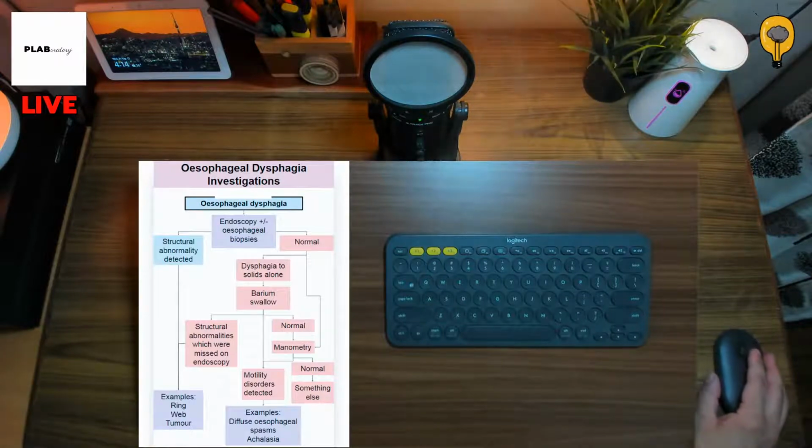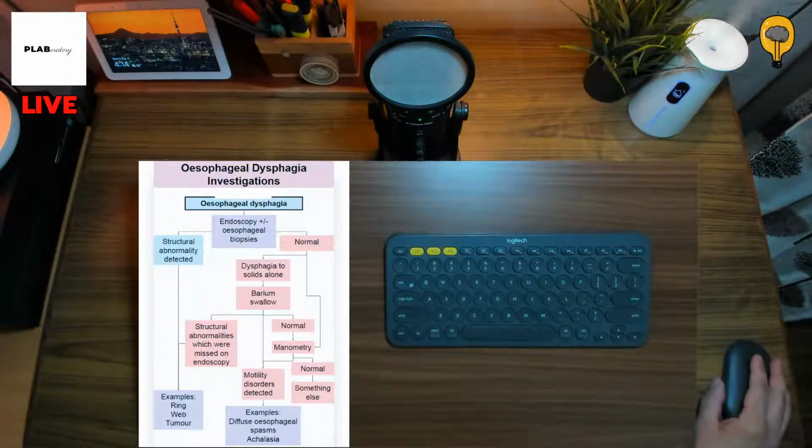First, endoscopy plus minus esophageal biopsies. Either it can be positive, showing structural abnormalities such as esophageal web, esophageal ring, or tumor, or it can be normal. If it is normal and dysphagia is just to solids alone, then we'll carry out barium swallow.